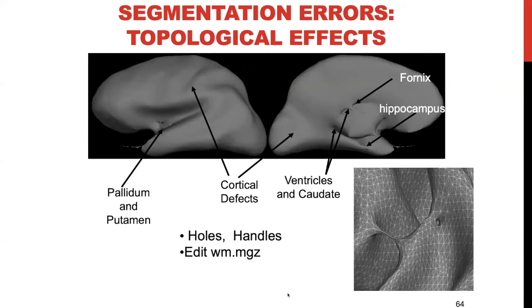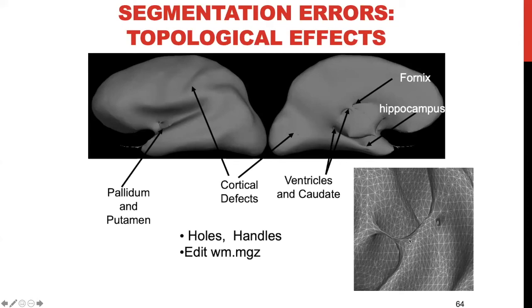So this is another error, and these are more likely analyzed in a 3D sense. These are topological effects, and they can occur in all parts of your brain, but mostly they are categorized into two types: holes and handles.